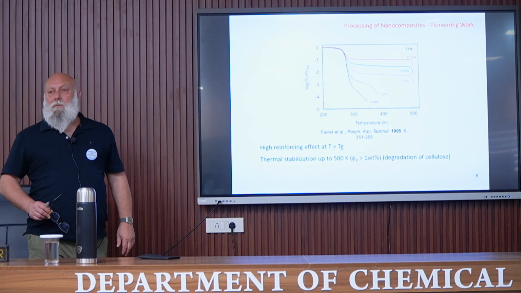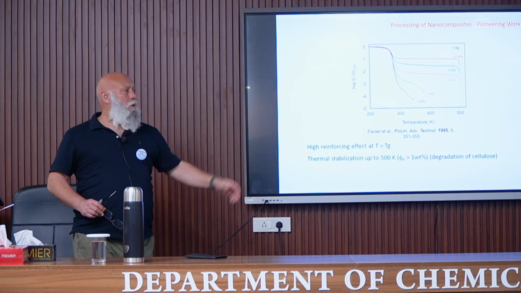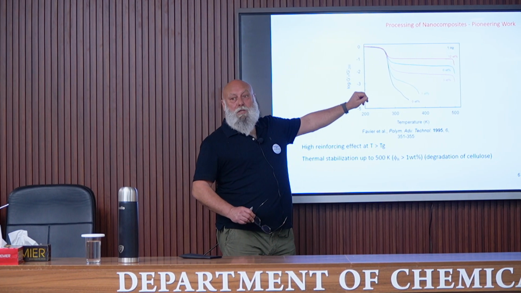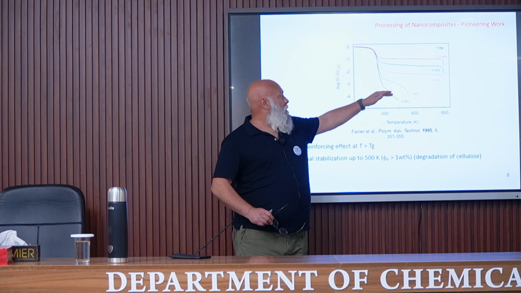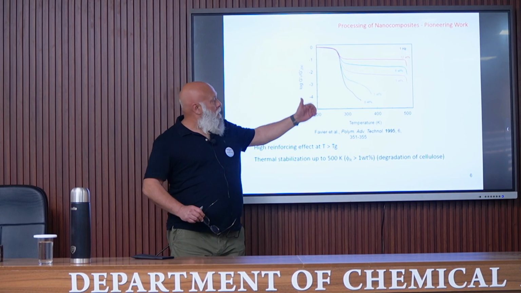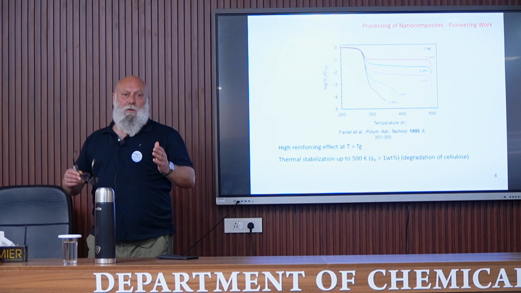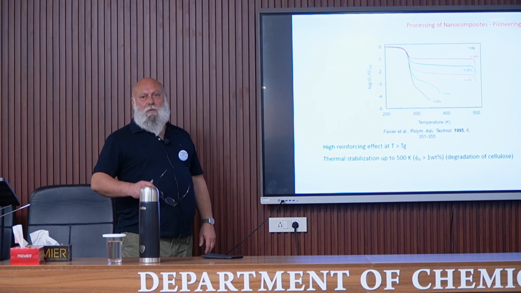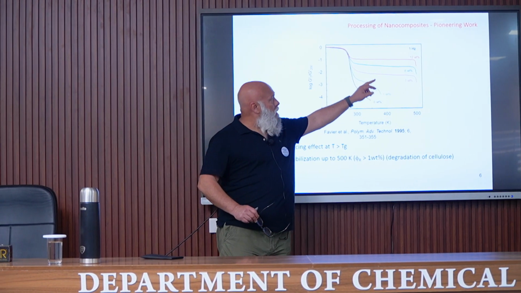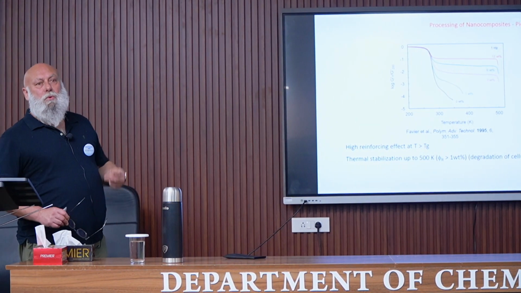And it's a classical behavior for an amorphous polymer, with a high modulus at low temperature, a sharp drop here, which is associated to the Tg of the polymer, and then more or less a stabilization that corresponds to the rubbery state, and then the flow of the polymer. In this case, the molecular weight was quite low because, as you can see, the rubbery plateau is not well identified. Now, when adding 1 up to 12% of cellulose nanocrystals, we observe two things.